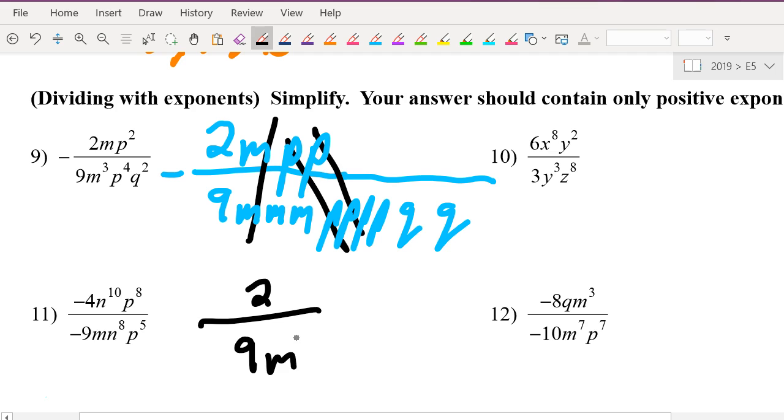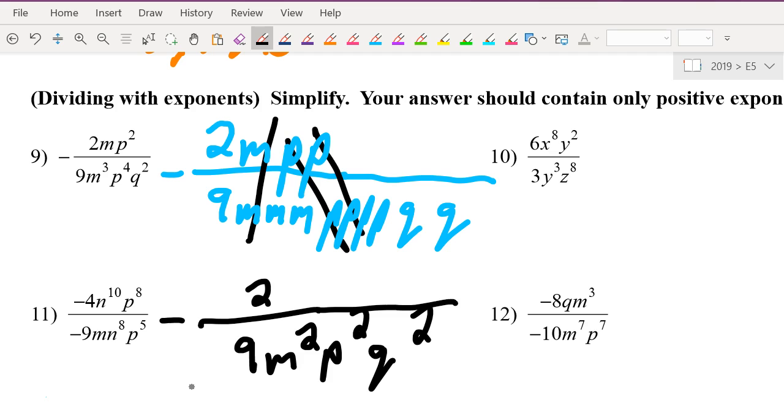How many M's are left? M squared, P squared, and Q squared. Excellent. And there's a negative in front of that whole fraction. So 2 over 9M squared, P squared, and Q squared. Good job. Positive exponent. Any questions?